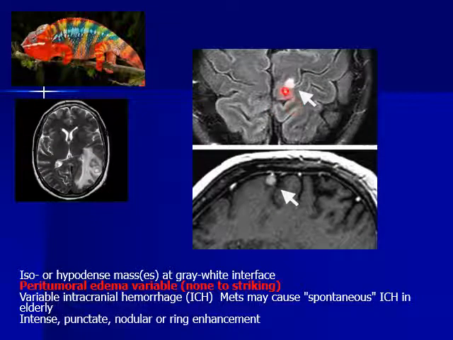It can involve the cortex, like this, not just the white matter. Solitary nodule involving the cortex, and it is enhancing. It can be surrounded by extensive edema, as I've told you, or no edema at all, like this.